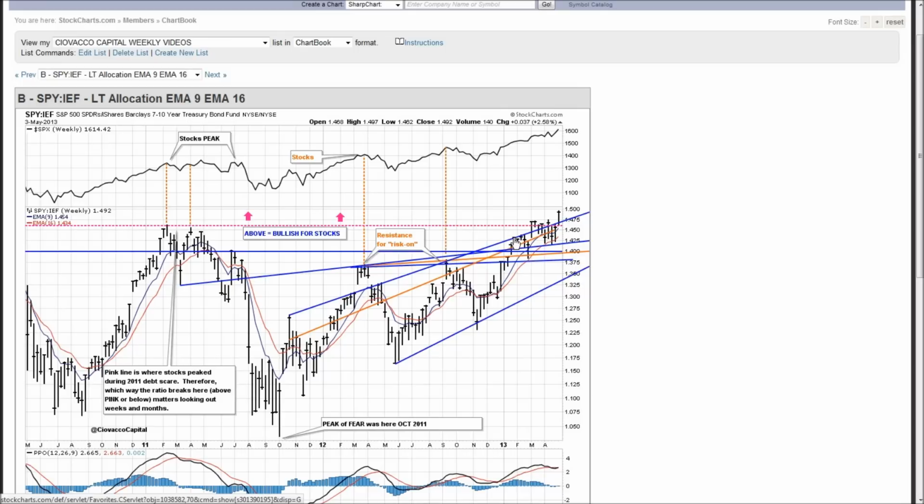This is the end of January here, and if I go across, you'll notice up until last week, so 2 weeks ago, this ratio had basically gone nowhere. And there was a battle taking place here between risk on and risk off, with no clear winner in terms of a strong trend. Now, I will note, the trend here is still favoring bullish outcomes.